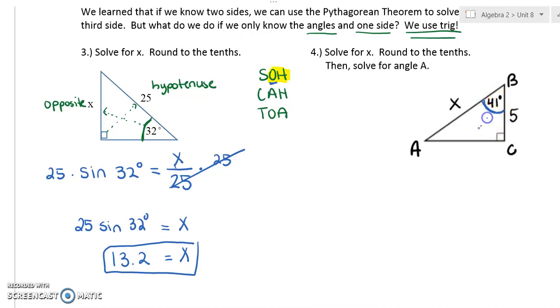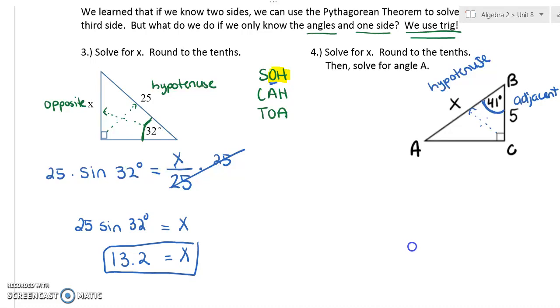Now the opposite side is right here, but I don't have any information for that, so I'm not going to label it. But across from 90, which is right there, x, is my hypotenuse. And right next to me is my adjacent.